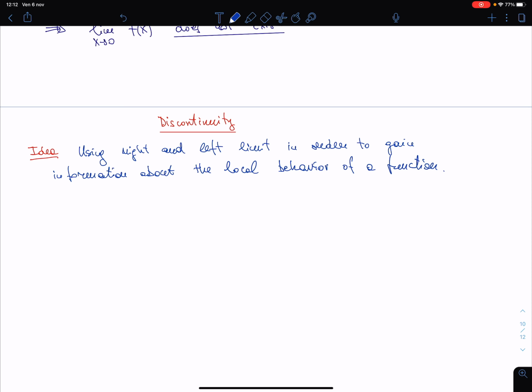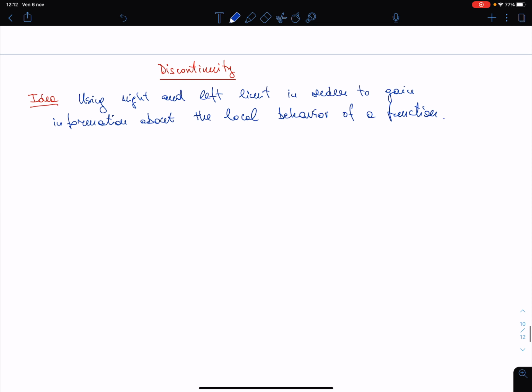So, as a notation, I will use this shorthand notation that is useful also for our chapters of analysis 1. The left and right limits of f of x for x going to x bar plus and minus will be denoted by f of x bar plus and f of x bar minus.